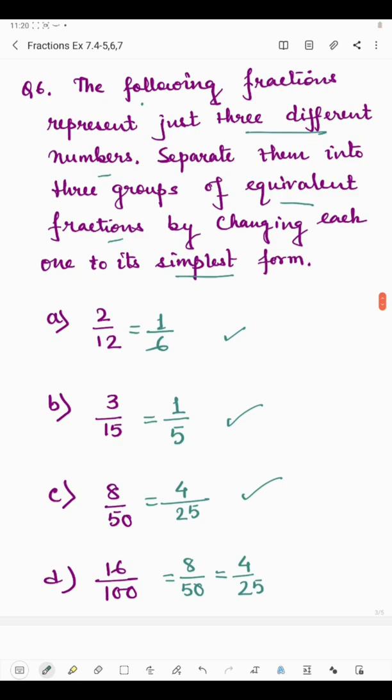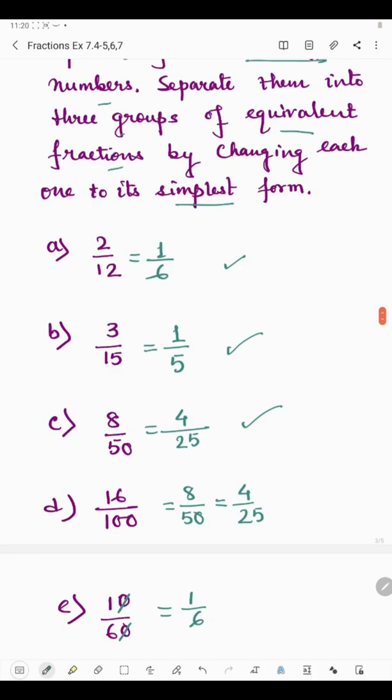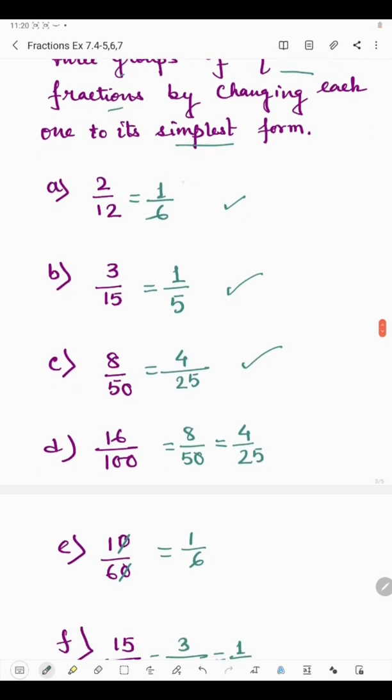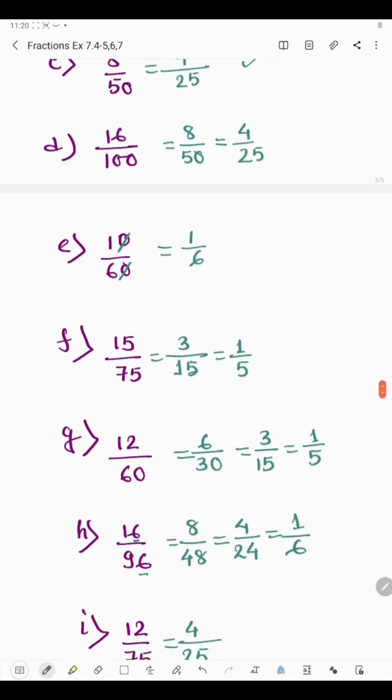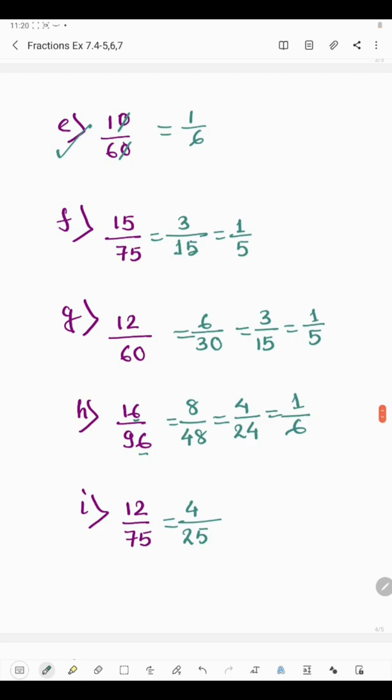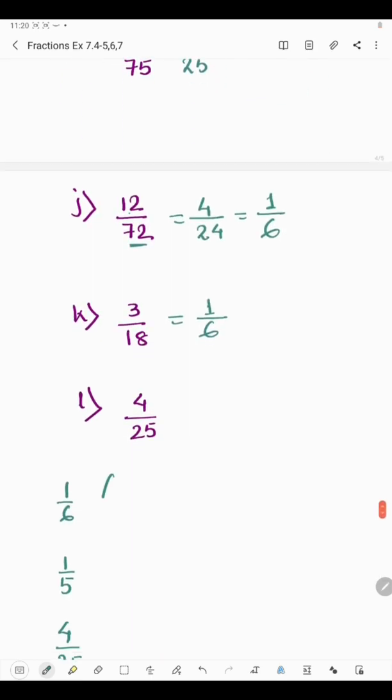Now we will have to separate them into 3 groups of equivalent fractions. Now where we have got 1 by 6, it's number A, then E, H, J and K. So in these 5 fractions we have got 1 by 6, and 1 by 6 is equal to 1 by 6.